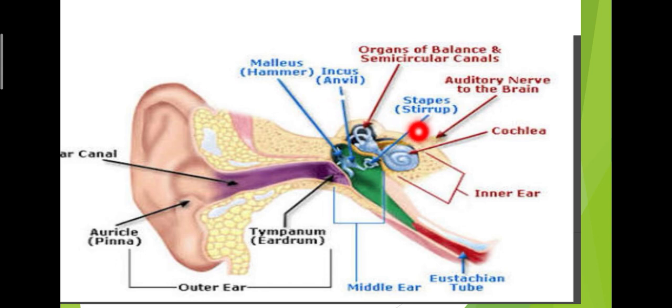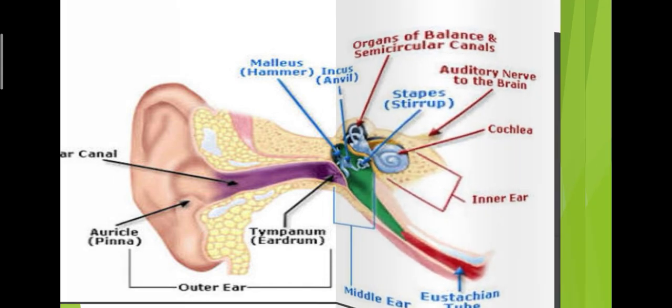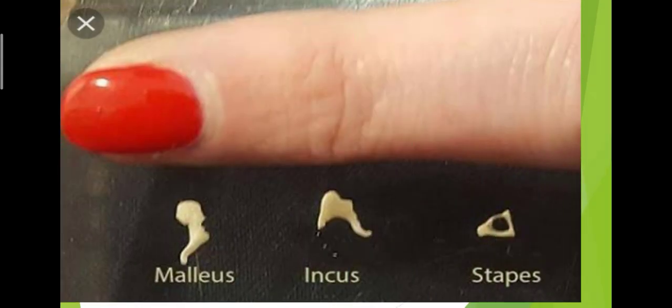Children, these three are very small bones which are found in our body. This is the part where these three bones are found. If we look at these three bones, malleus, incus and stapes, you can compare their sizes now.